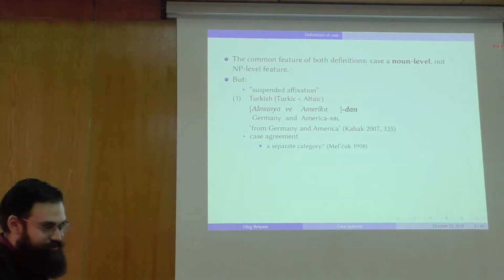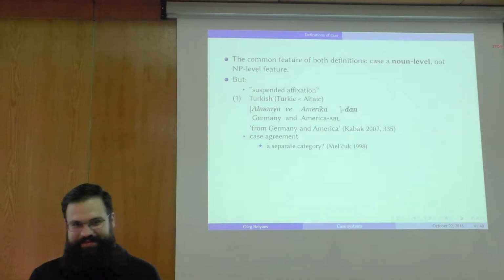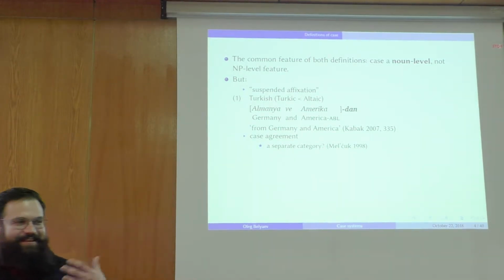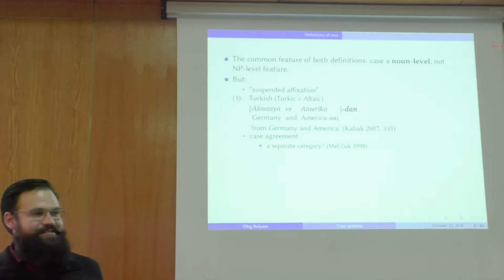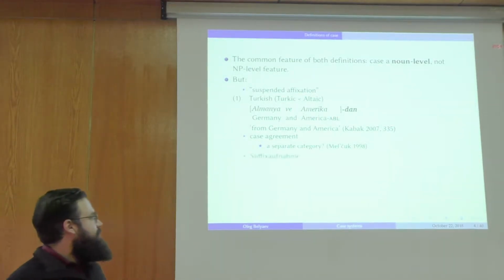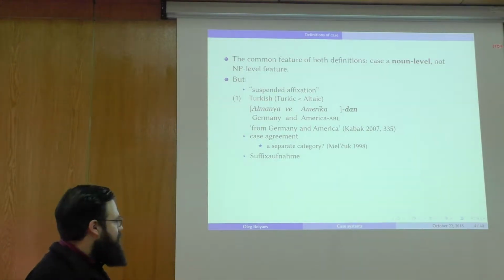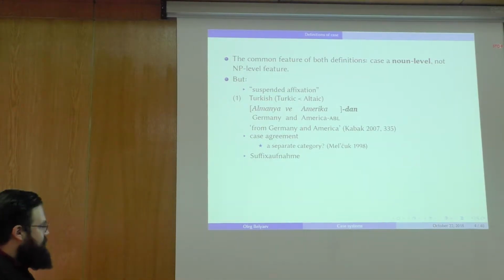Then of course we have case agreement, a very old question in structuralist linguistics, whether it's a separate category or it somehow spreads or it's a group feature and so on. So again, this is not exactly easy to account for in terms of the traditional definition.